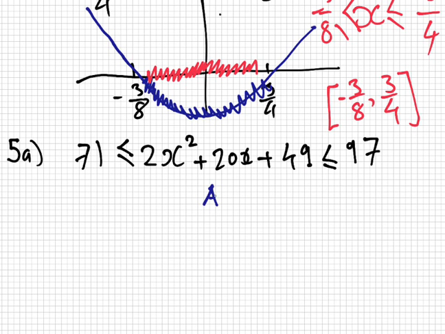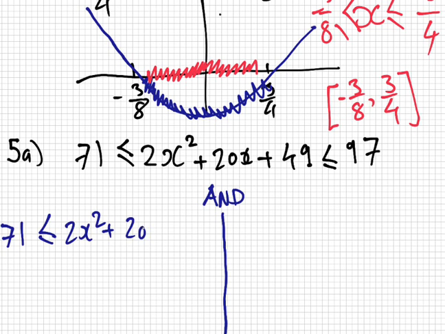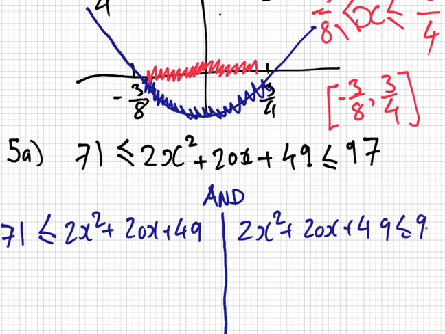Is it and or? It's and, yeah. So I have here 71 less than or equal to 2x squared plus 20x plus 49. And then here 2x squared plus 20x plus 49 less than or equal to 97.